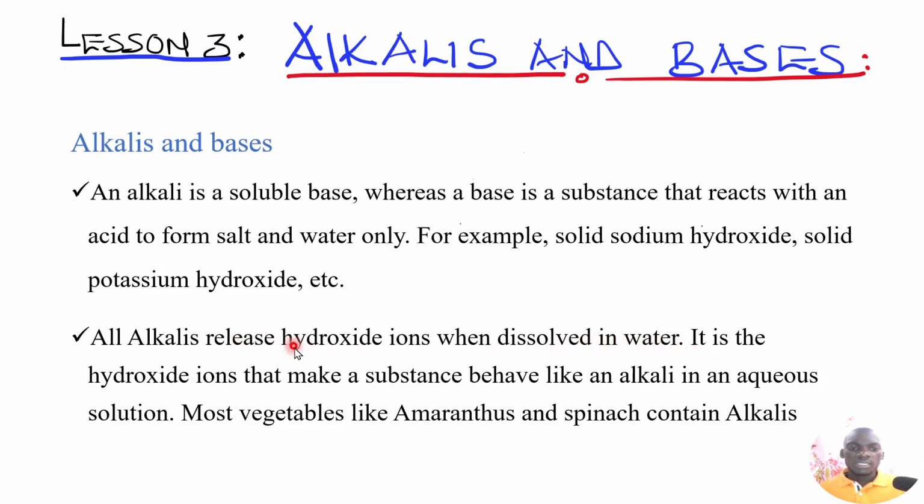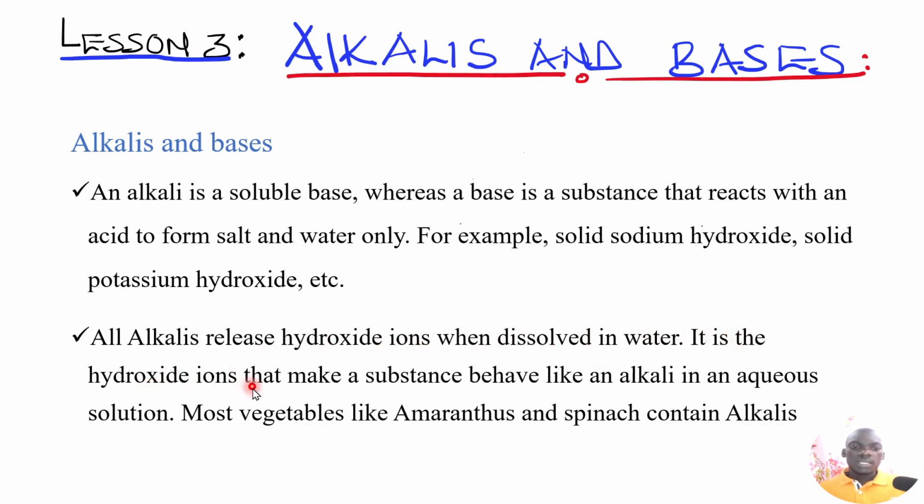Remember, for the acids, we release the hydrogen ions, whereas for the alkalis, as they ionize in water, they produce the hydroxide ion, which is negatively charged.